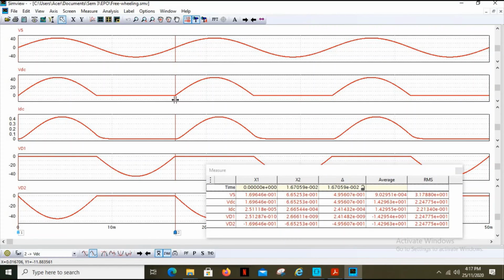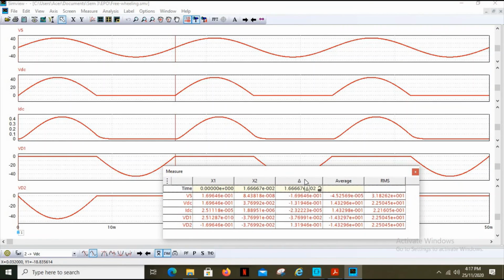X2 is 1.0067. Alright. So as you can see, from the experimental values, for V average output, I got 14.32, and I average output is 0.143.